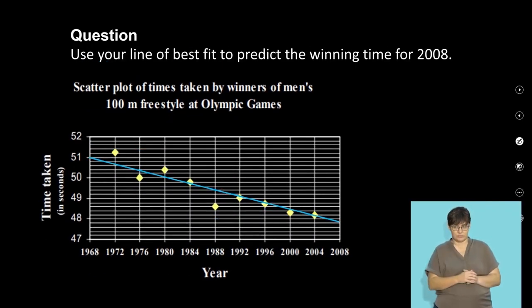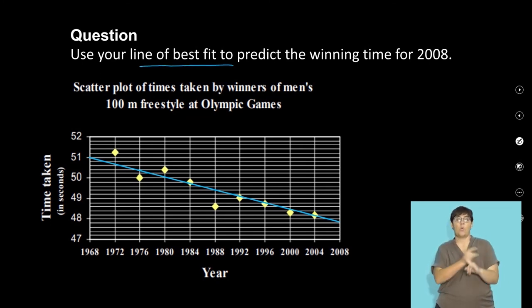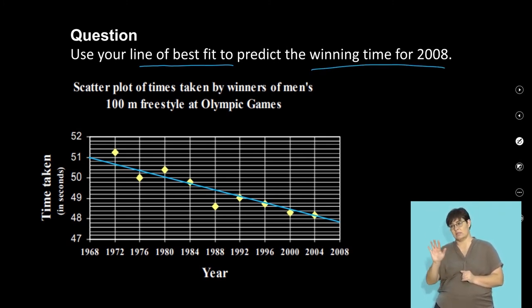Now let's see what we can do here. Use the line of best fit to predict the winning time in 2008. What is the winning time in 2008? 2008 is somewhere there, so we have to go on our line and predict.